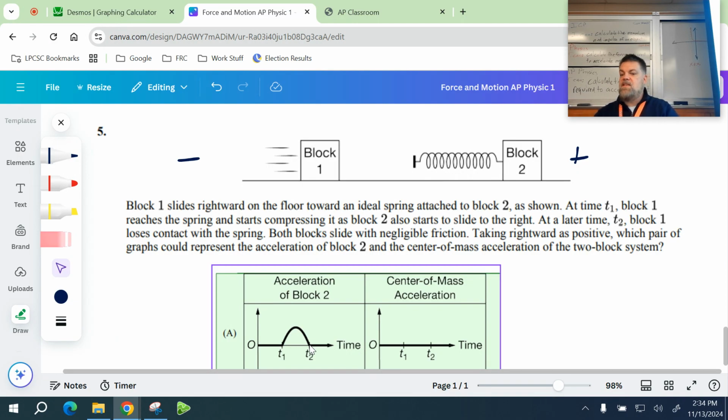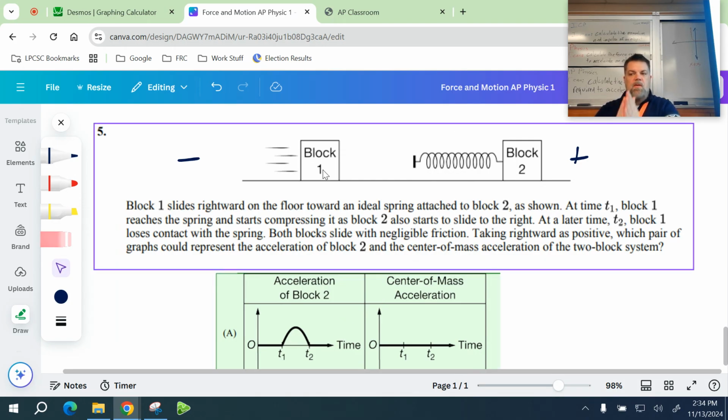Does that make sense? So your acceleration increases when the spring is completely compressed. That's when, just as it releases, it's at its max roughly. And then as block 1 moves away, the acceleration decreases, and whatever velocity it's at, it maintains, so the acceleration is 0. There's no change in velocity.